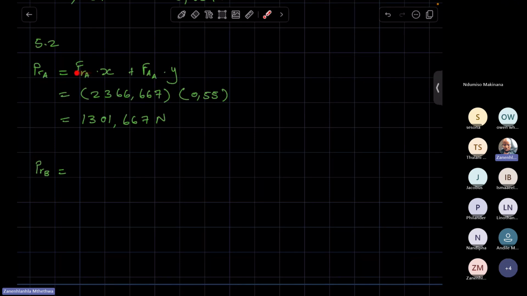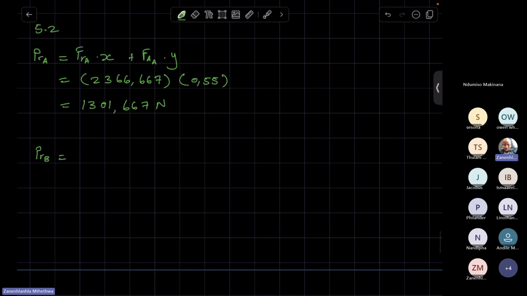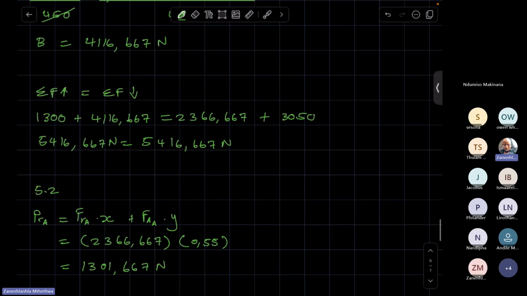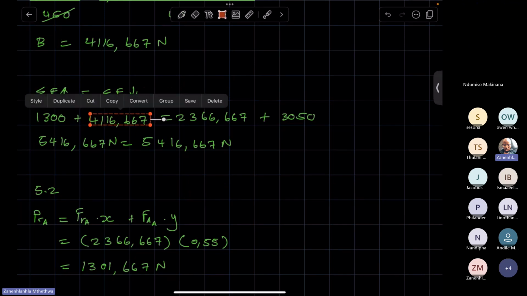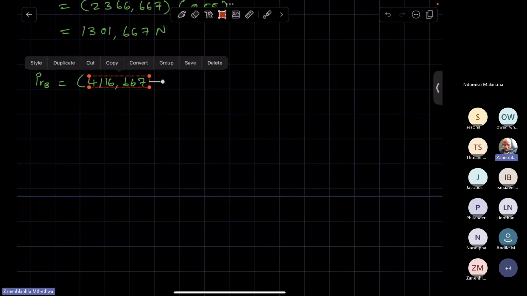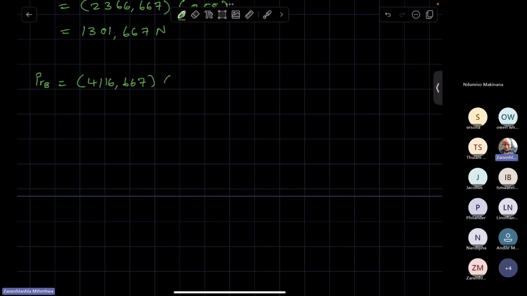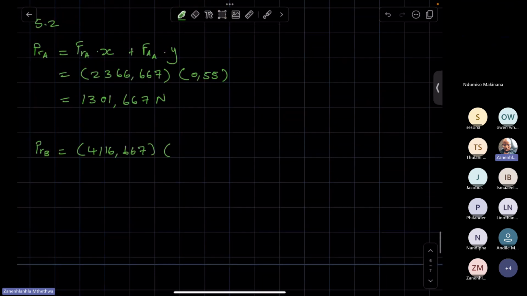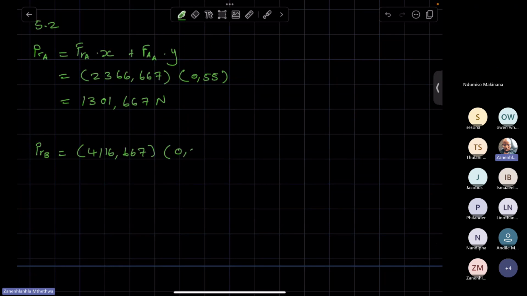For the second bearing, you simply substitute the magnitude of the support at bearing B, multiplied by the radial load factor, which is 0.55.